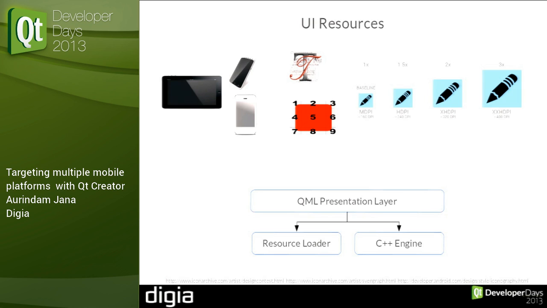When the application starts up, the C++ engine queries the device for what resolution is supported and what the screen size is, and the QML code asks the resource loader to give it the resource. So it would say, give me the button image, and the resource loader would know which of the many button images it should give, so which resolution is correct for this particular device.